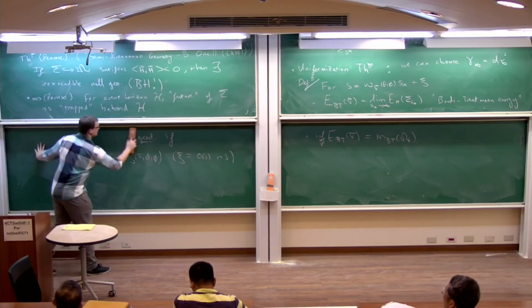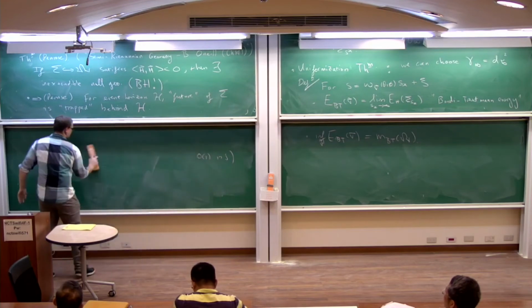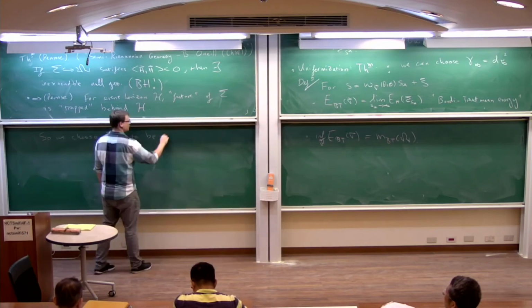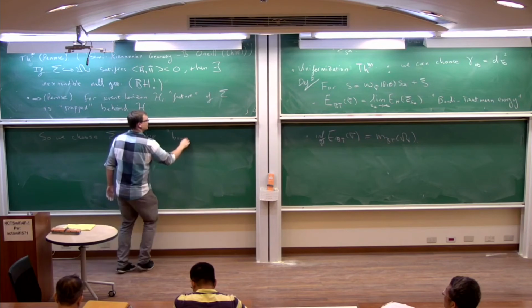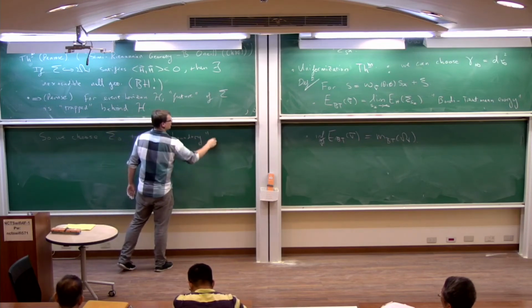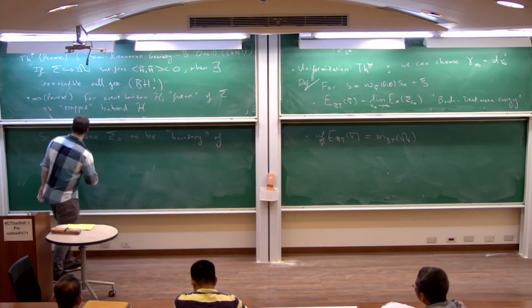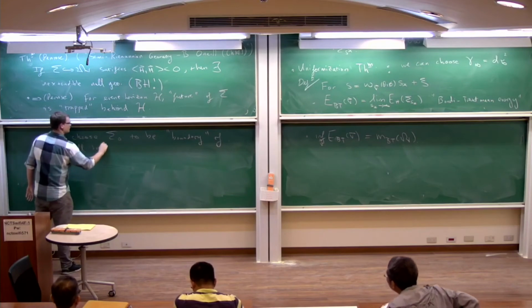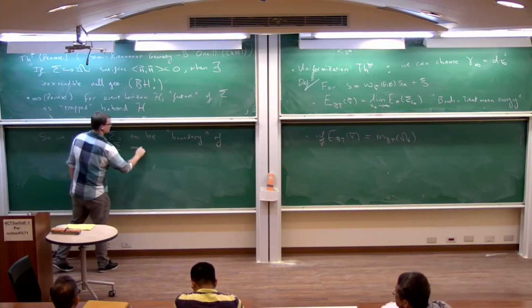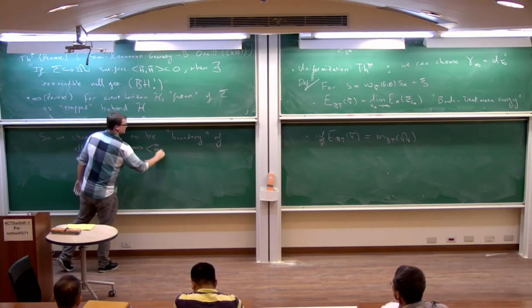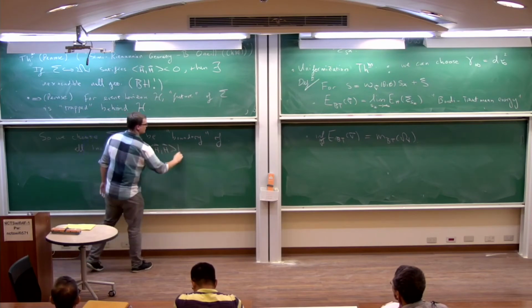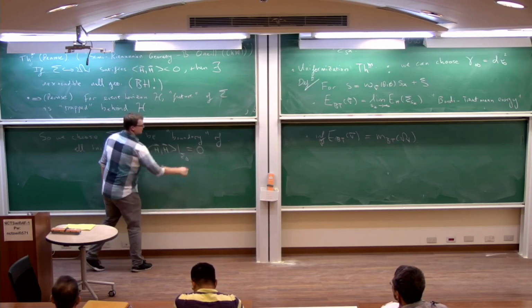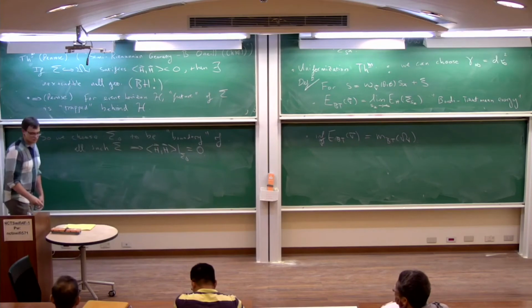Okay, so the way that we think of the boundary of a black hole then is a surface where H inner product H vanishes.